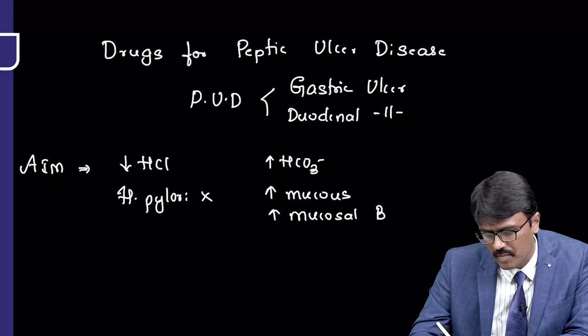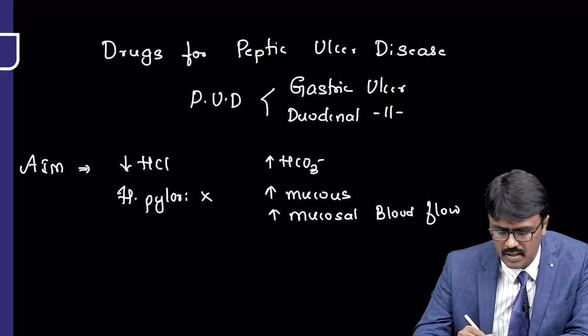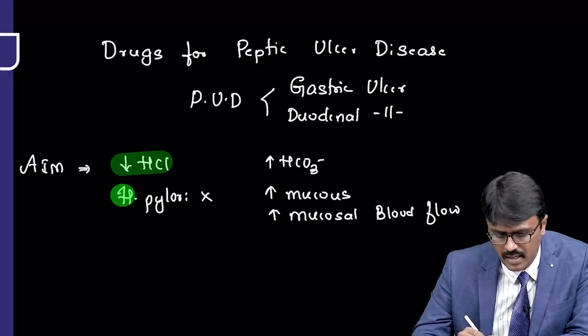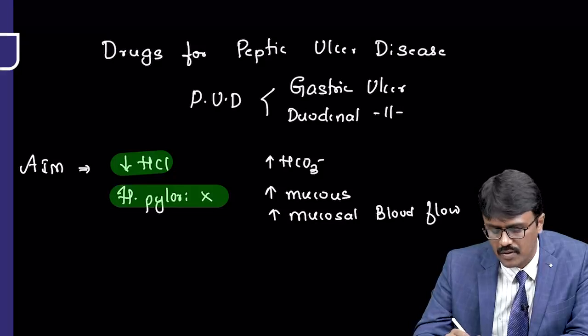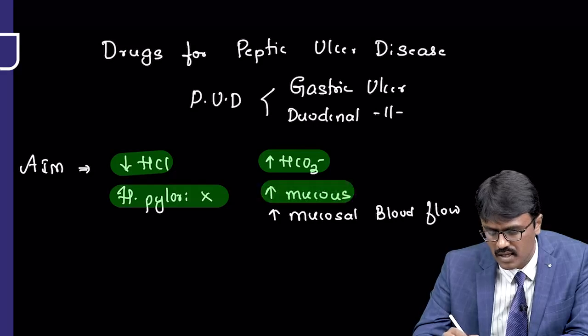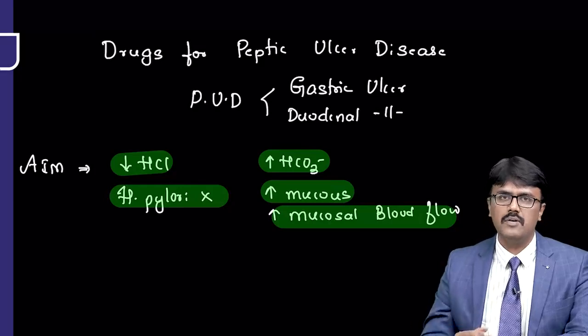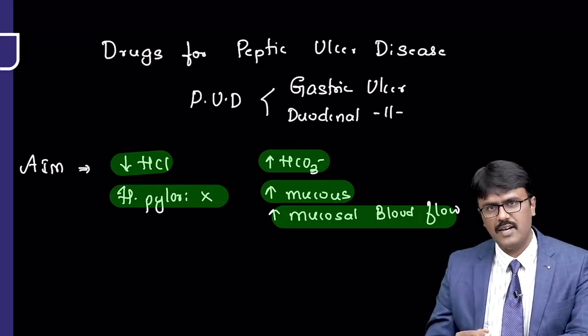So please remember, what we need to do is decrease HCl, eradicate H. pylori, and increase the defensive factors, that is bicarbonates, mucus, and mucosal blood flow. So this is our goal.